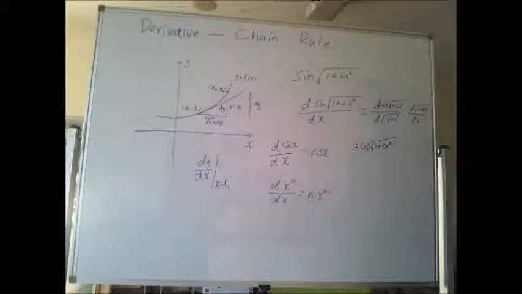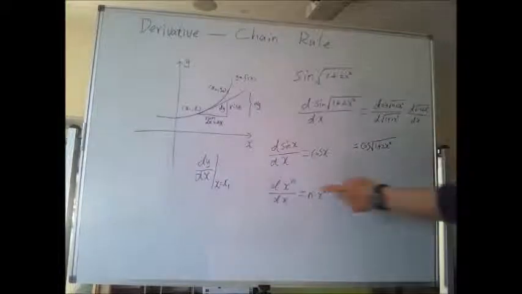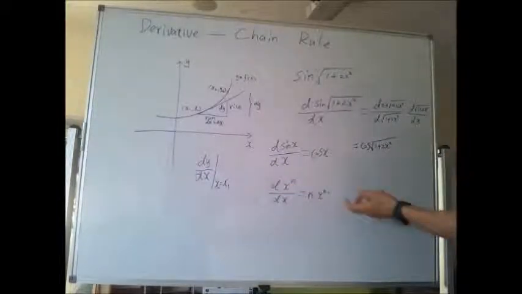To be able to use this rule, we have to make some changes here. We write the square root as the bracket to the power of 1/2, so it will be x to the power of 1/2.